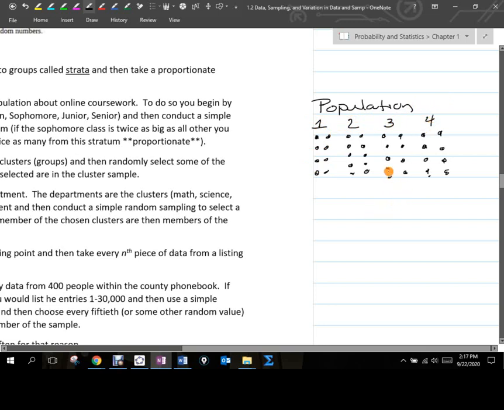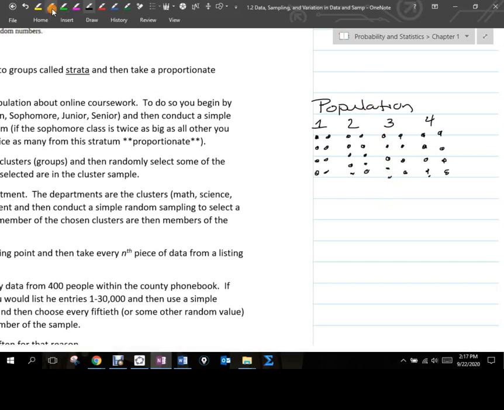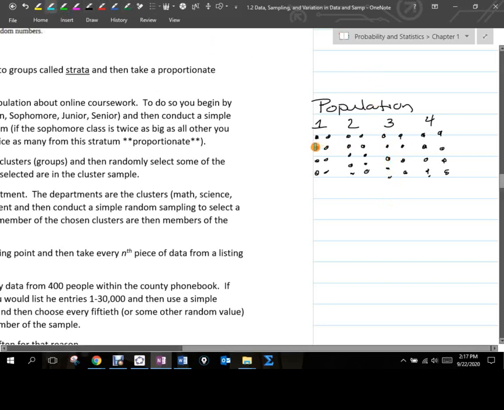In stratified, what we are going to do is choose out of group 1, we will simple random sample and maybe choose those 3. And then in group 2, maybe we come through and those are the ones that we choose. And then maybe in group 3, it's those.